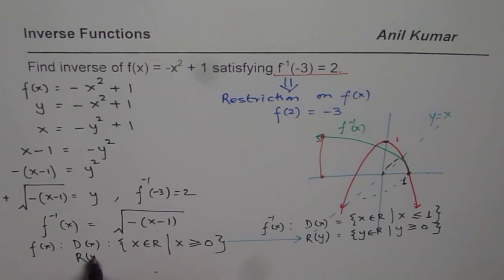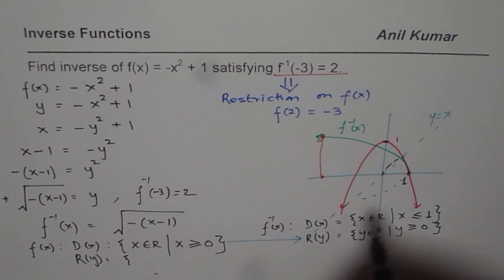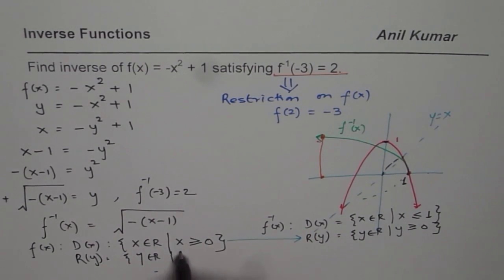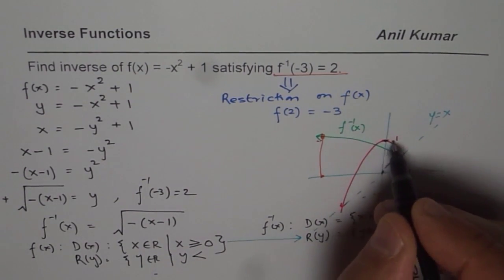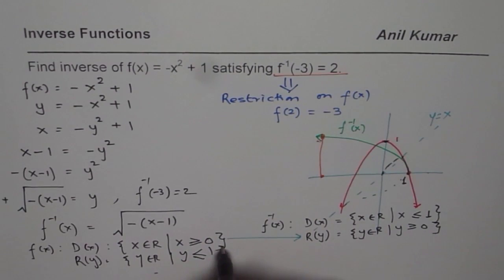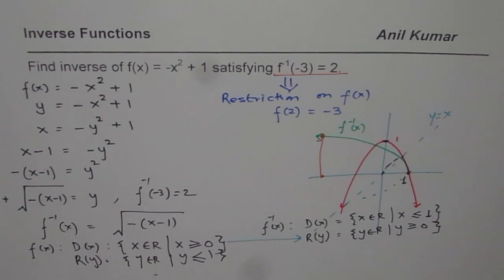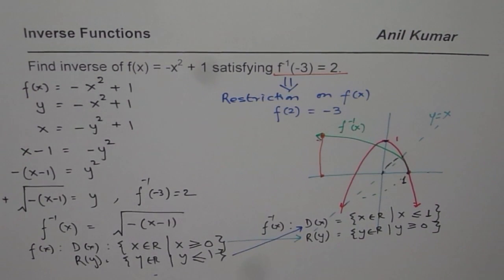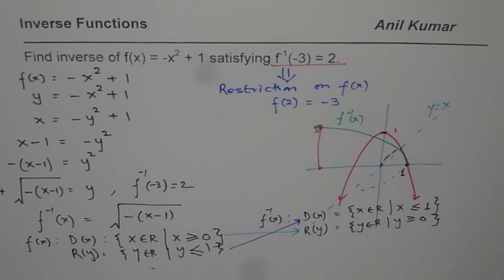And the range of the function was y belongs to real numbers, less than or equal to 1, right? So that becomes the domain of the inverse. Whenever you find the inverse, the domain and range also swap.